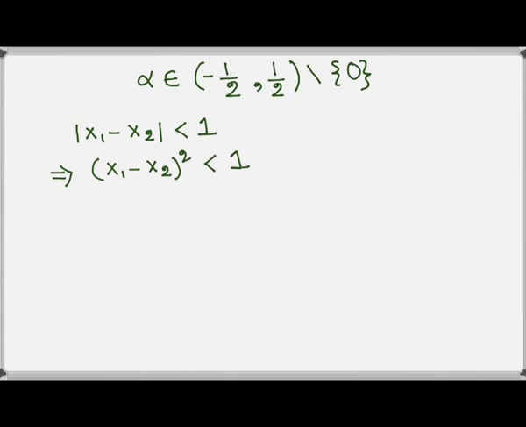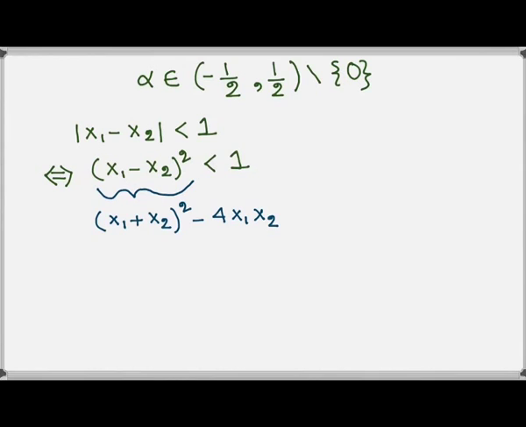In fact, this is an if and only if condition. Now we can write x1 minus x2 whole square as x1 plus x2 whole square minus 4x1 x2.